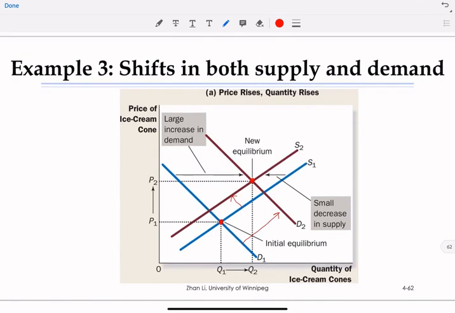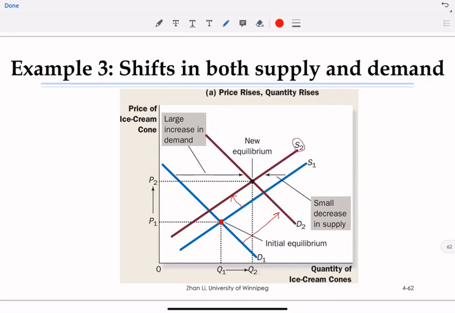The reason is because, let's say, in this case, the supply curve is at the position S2, right? So this is S2.